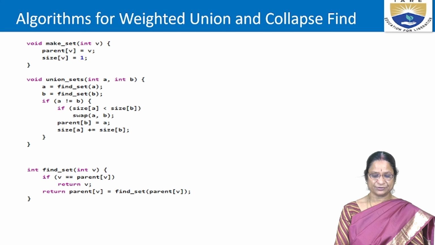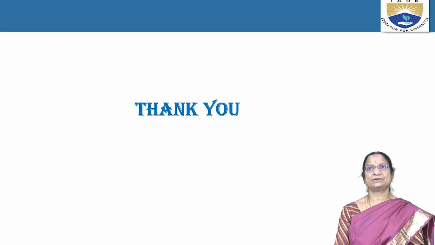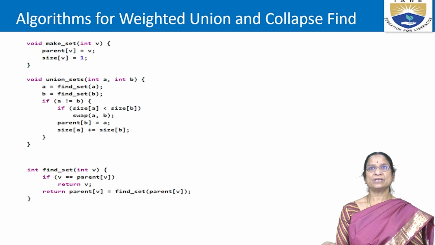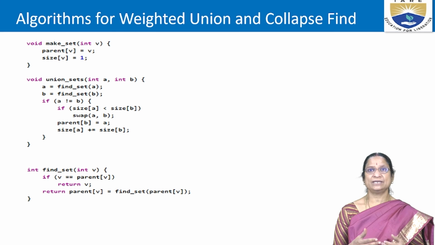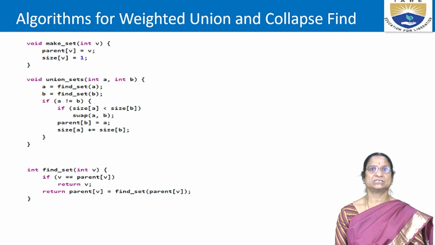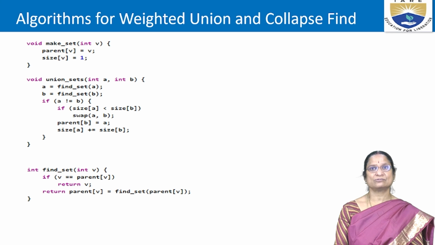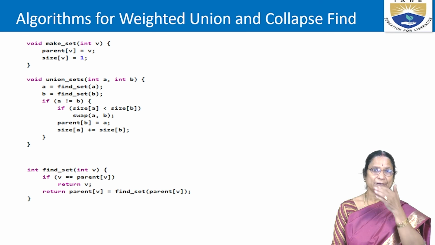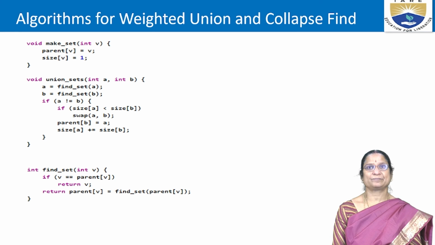Similarly, in find, if it's a parent, we return it. Otherwise, we return the find set of the parent. So we are modifying our union as well as find operations so that the complexity of these two operations is manageable. Even in the worst case, it can be similar to the average case.